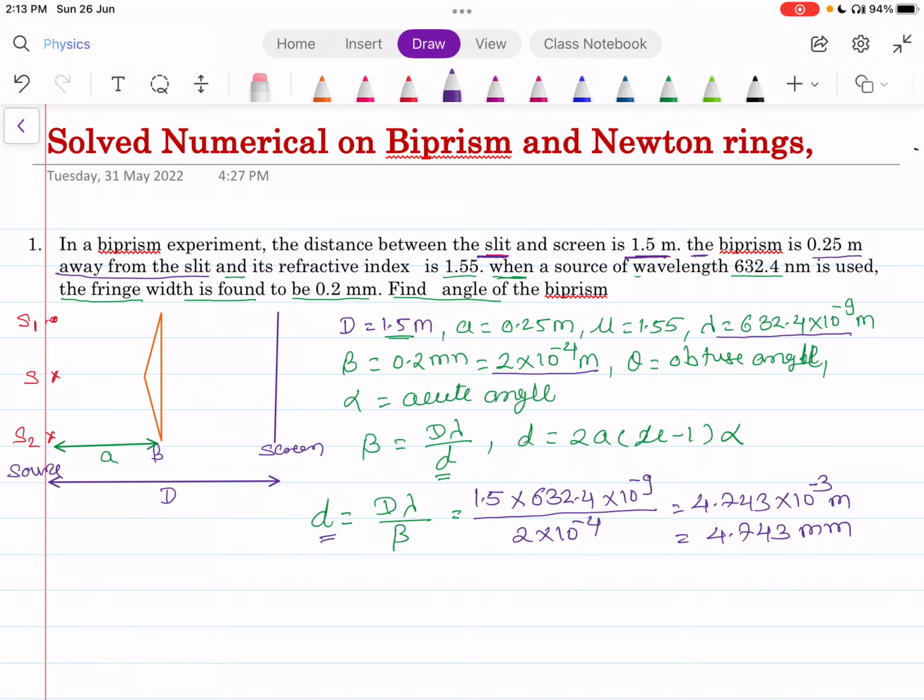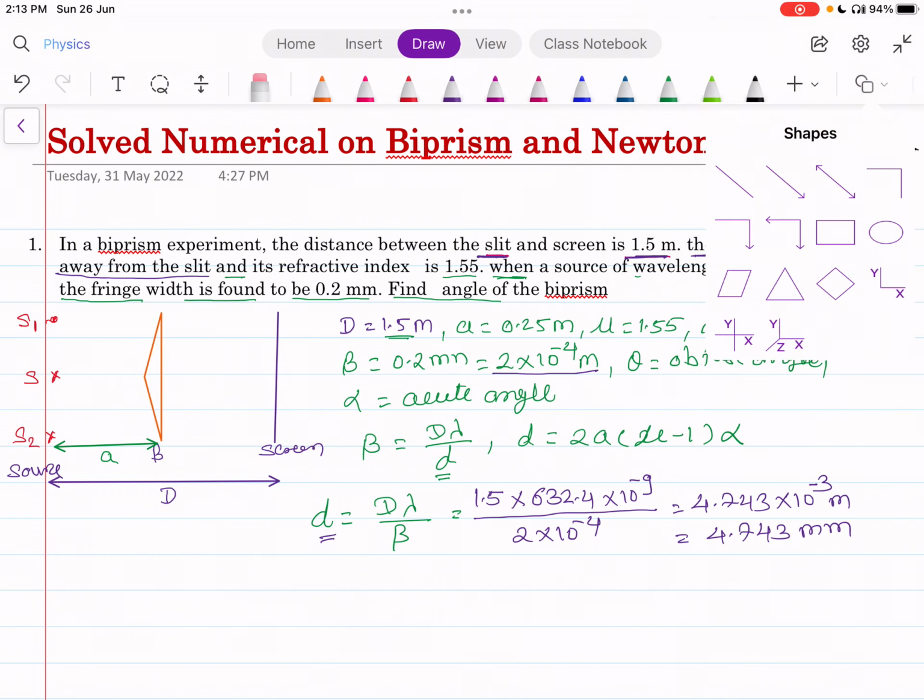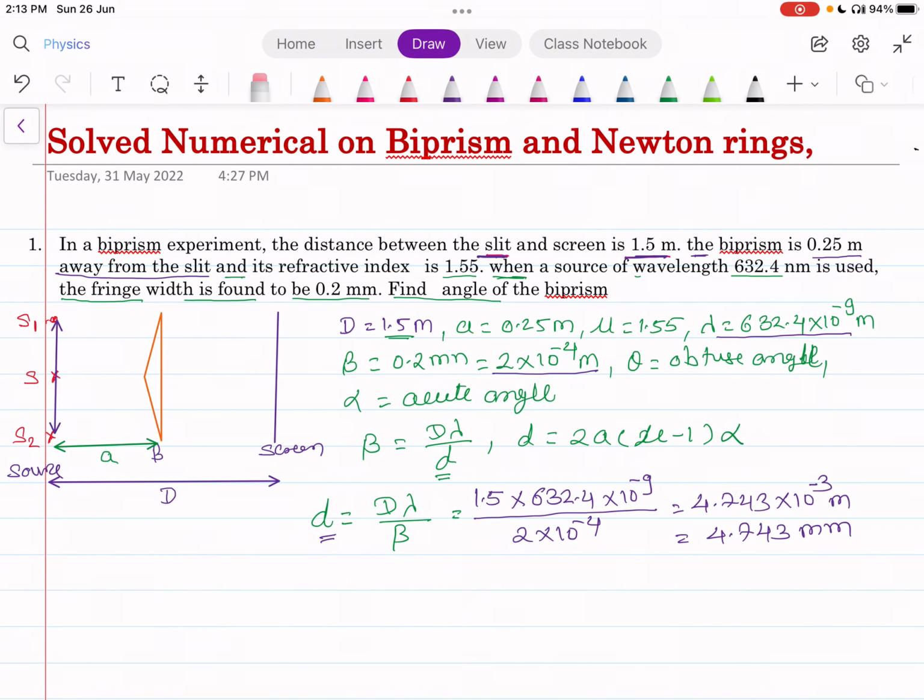That is d. Small d, as you know, is the distance between the two virtual sources. This is small d, and we found small d is equal to 4.743 millimeter. Then we have to find the acute angle using this equation. For that, alpha is equal to d upon 2a into bracket mu minus 1.